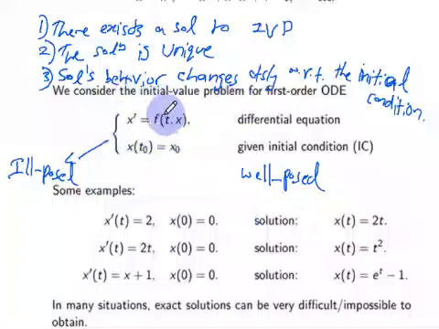If f is Lipschitz continuous with respect to the dependent variable in that domain D, then we can say that the solution is unique. The solution to this system is unique if f is Lipschitz continuous with respect to the dependent variable x here, right, in that domain. Alright, I hope you understood this Lipschitz continuity, right?